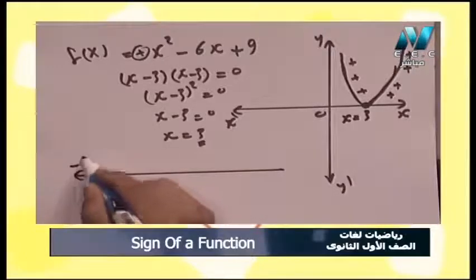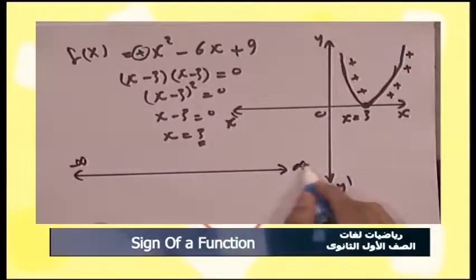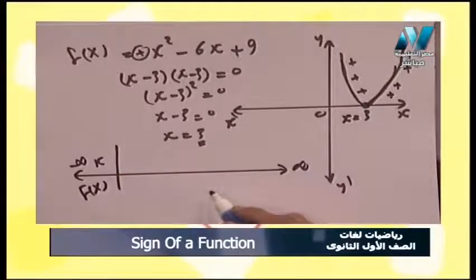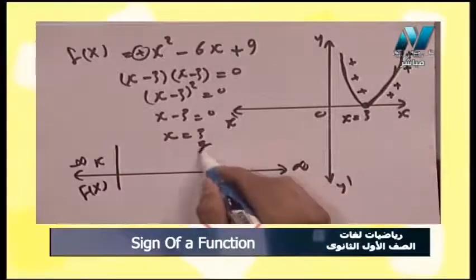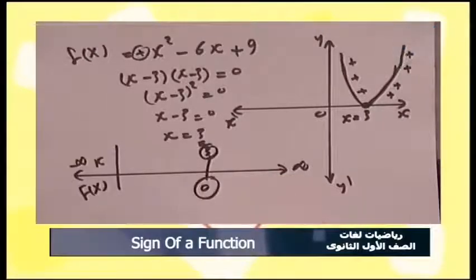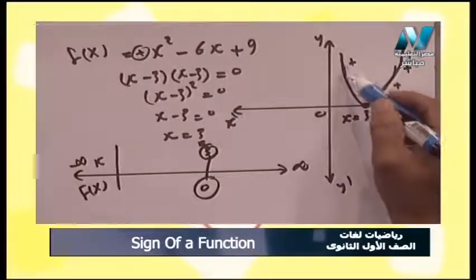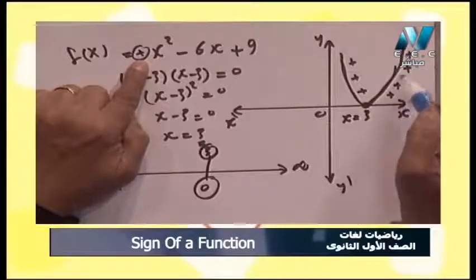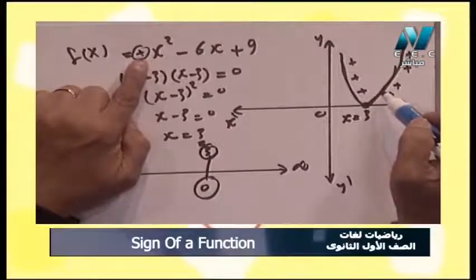So if we draw the number line like we said before, with negative infinity here and positive infinity, and we have f(x) here, and we have only 3 as a root. At 3 the function equals 0, and look carefully, this part is positive, the same as the coefficient of x power 2, and this part is also positive, the same as the coefficient.